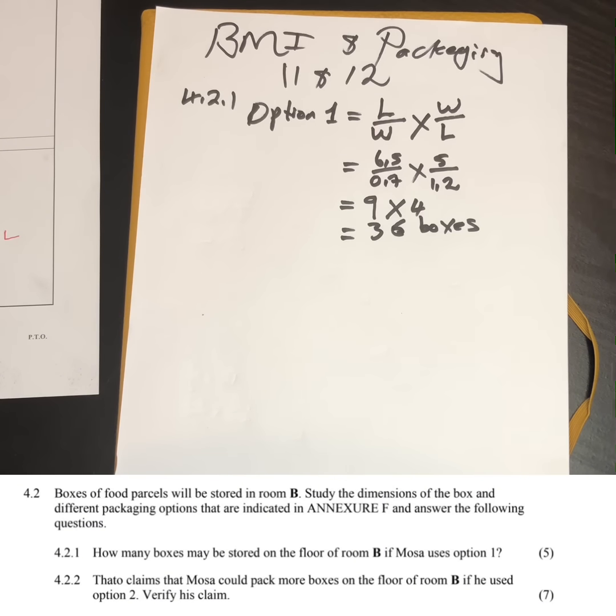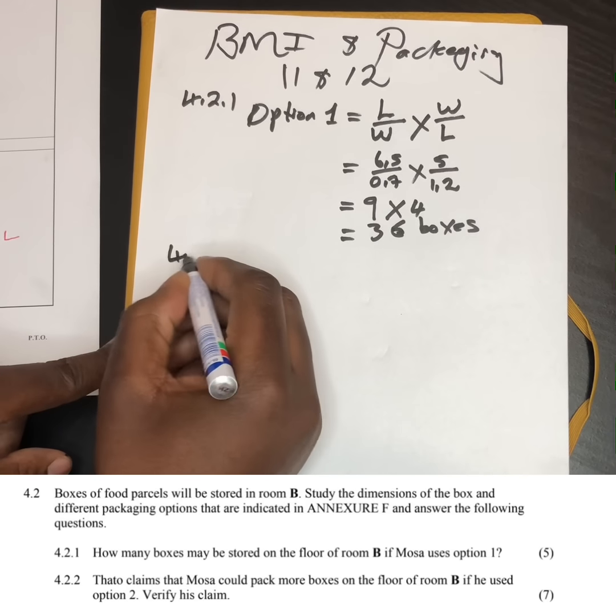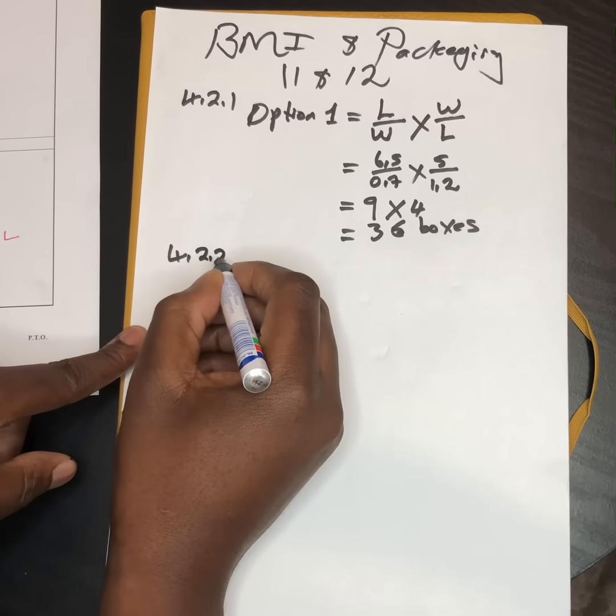Next question says that Tato claimed that Musa could pack more boxes on the floor of the room if he used option 2. Verify this. So the next question, they want us to do the packaging using option number 2.